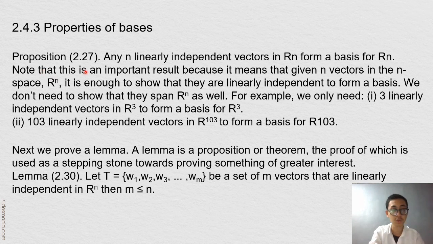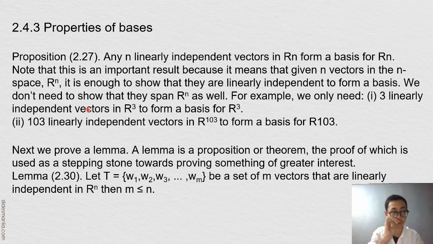Property of basis. Proposition 2.27. Any n linearly independent vectors in R n form a basis for R n. Note that this is an important result because it means that, given n vectors in n-space, it is enough to show that they are linearly independent.